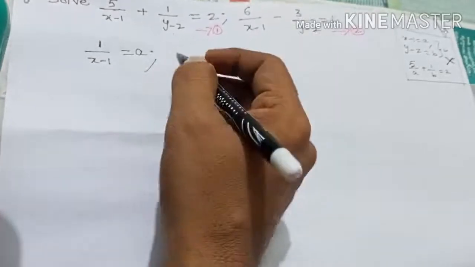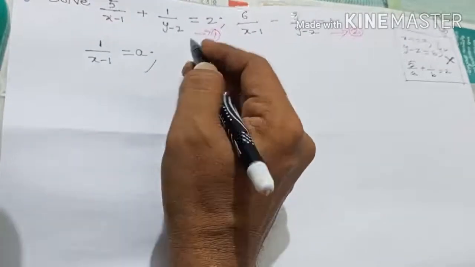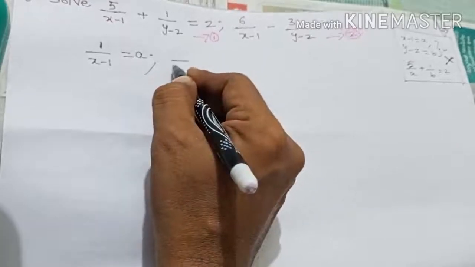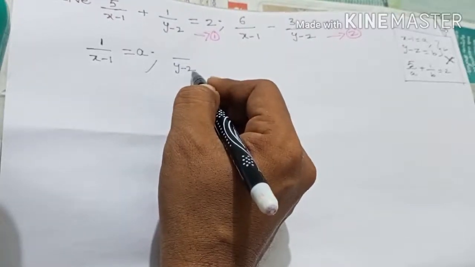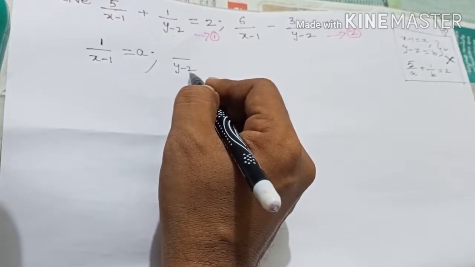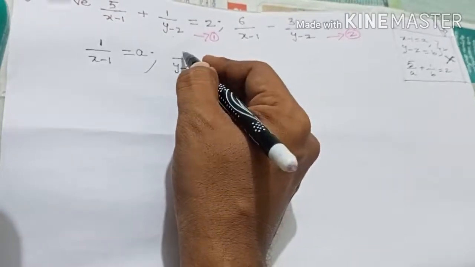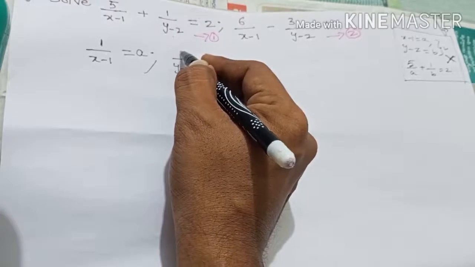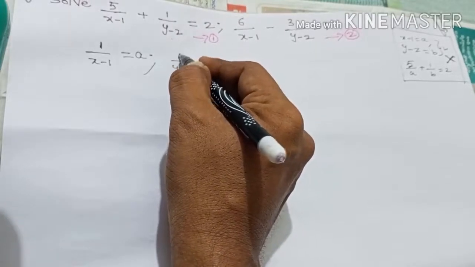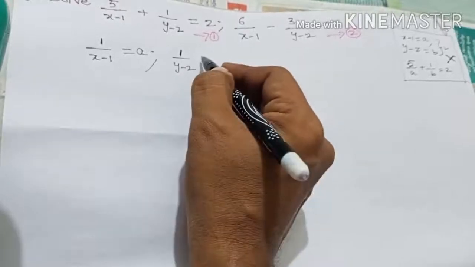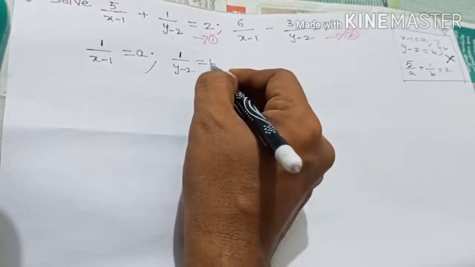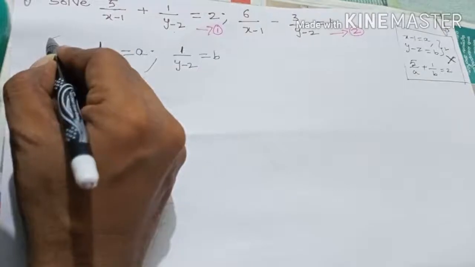Then come to the second equation. Here you have 1 by y minus 2. Here there is no numerator, therefore you have to take 1 as the numerator. Therefore 1 by y minus 2 can be taken as b. Okay, this is our assumption.